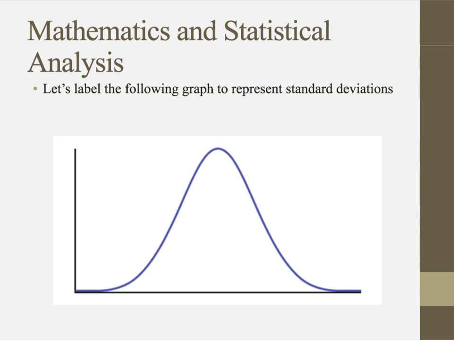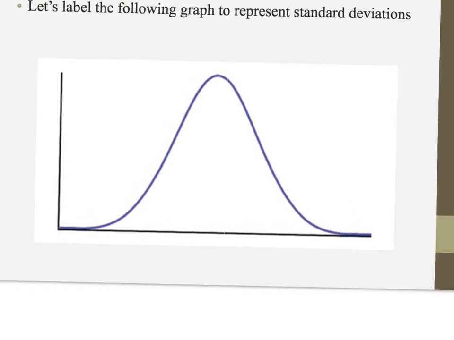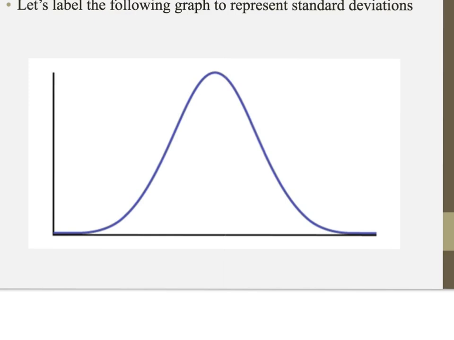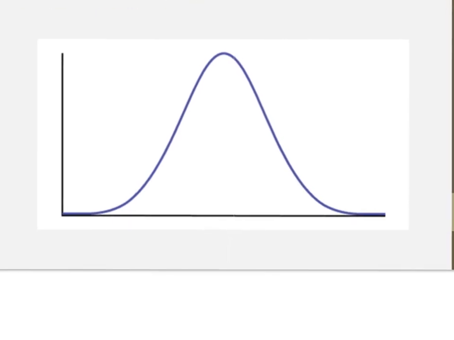So let's take a closer look at this graph. Whenever I'm doing standard deviation problems, I always draw a graph like this and I label it to help understand what's going on with different numerical values. In the middle here, at our peak, this is the mean.